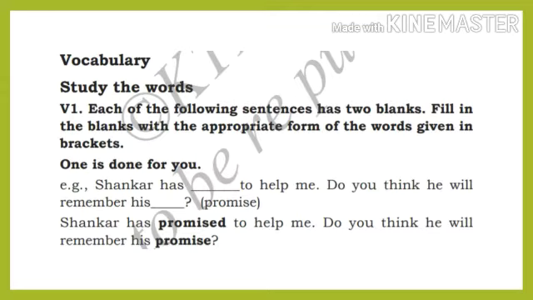So a certain word can be used as a noun and also as a verb, as a noun and also as an adjective, and as a verb and also as an adjective. The same word can be a noun, and it can be a verb, and also it can be an adjective. Okay, so in some words we have to make changes.